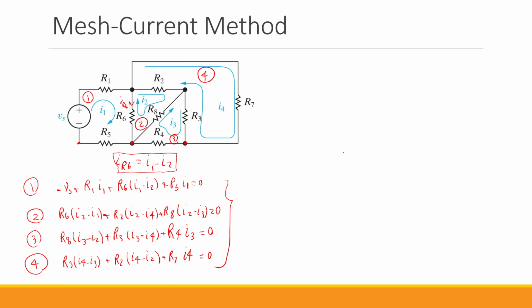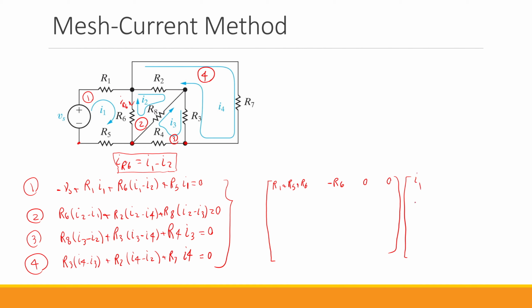So if I want to write this, let's say, in matrix form, what I can do is collect all the coefficients for these currents. For the first row, we have R1 plus R5 plus R6. For I2, we have negative R6. And for I3 and I4, we have 0. So this is for this equation.